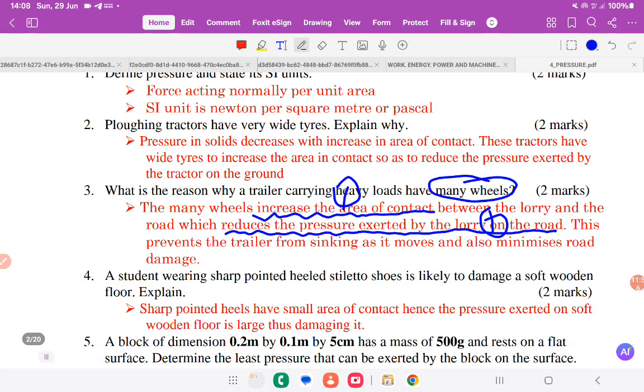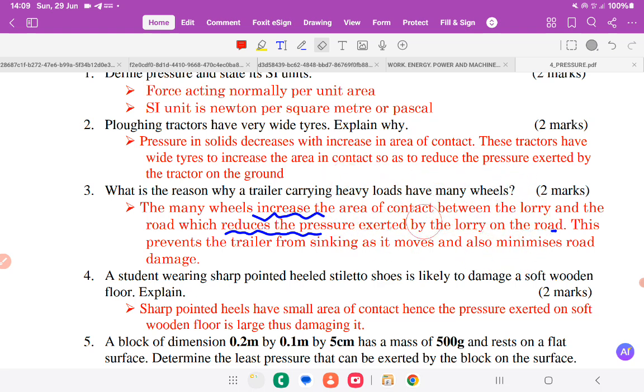Question number 4 is talking about a student who is wearing sharp-pointed heeled stiletto shoes. Sharp-pointed heels are usually worn by girls. So let's suppose that we have a shoe. This is very sharp. It's a very sharp-pointed shoe.